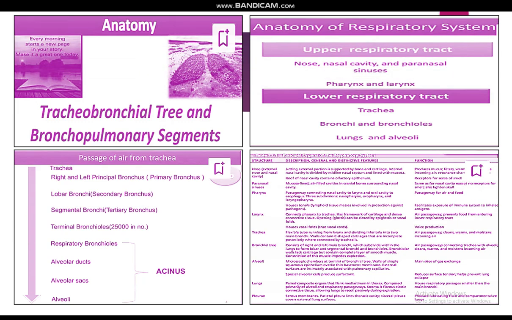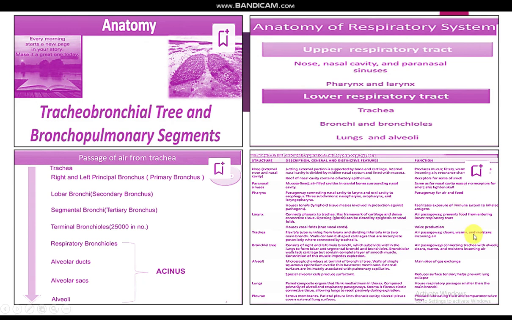And then we looked at the anatomy of the respiratory tract or system. And at that class, we discussed the bronchopulmonary segment, or tree. There, we classified the respiratory system into two tracts, which are the upper respiratory tract and the lower what?